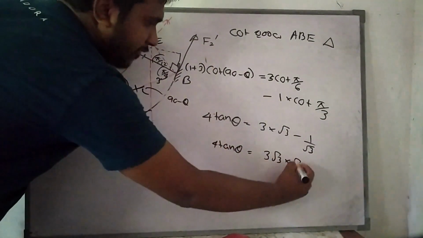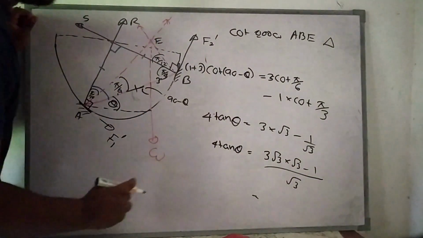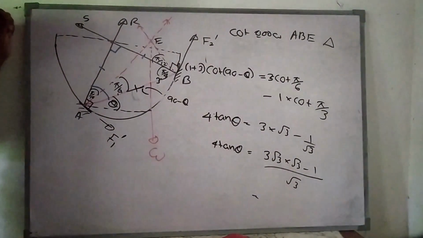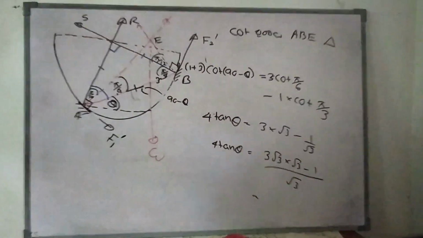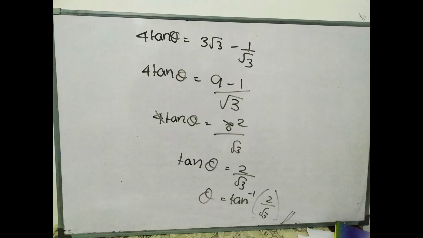Then 4 tan theta equals root 3 times 3, 9, 9 minus 1 is 8. 8 over root 3, and dividing by 4, it's 2 over root 3. So this is the value of the angle.